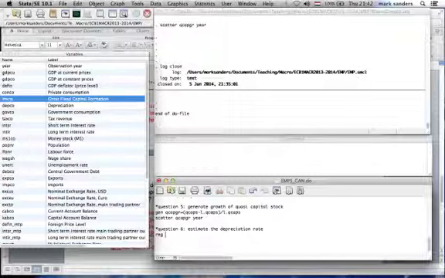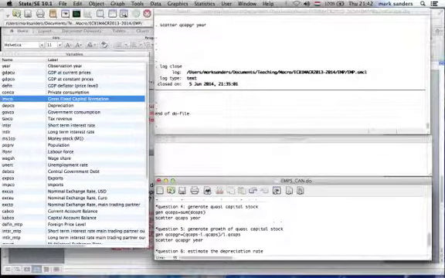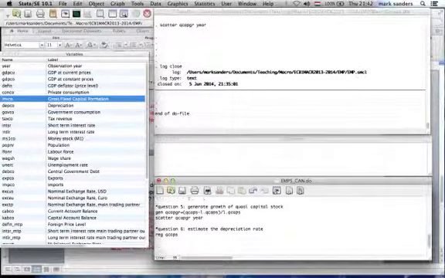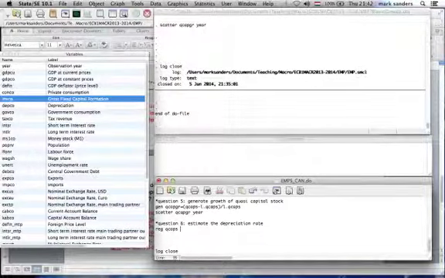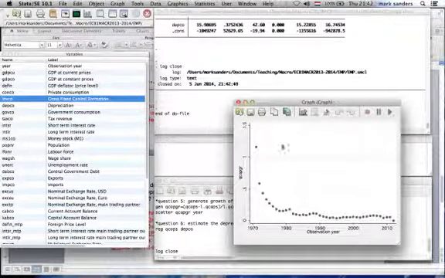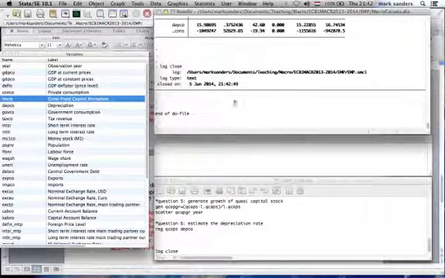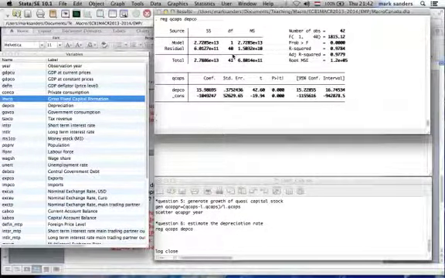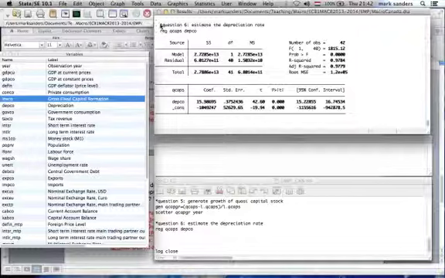So my dependent variable is Q cap S, I think it's called, yeah, Q cap S on DEPCO. Let's see where that leaves us. So we have now this regression.